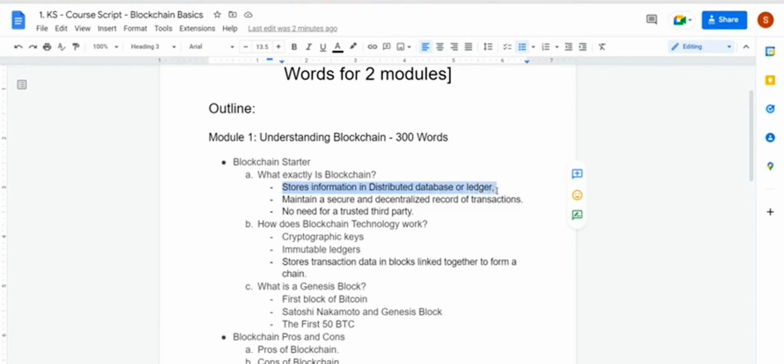So when the presenter sees that the script is written like that, stores information in a distributed database or ledger, the presenter will elaborate on this idea. Then he comes to the next idea: maintain a secure and decentralized record of transactions.